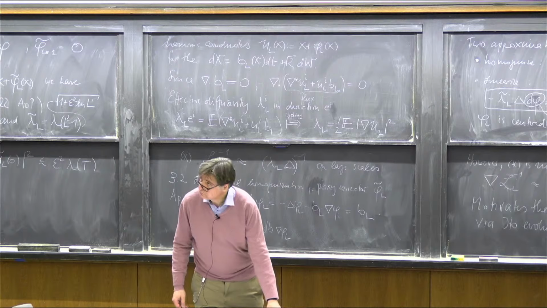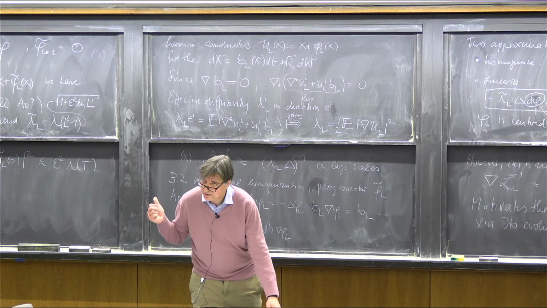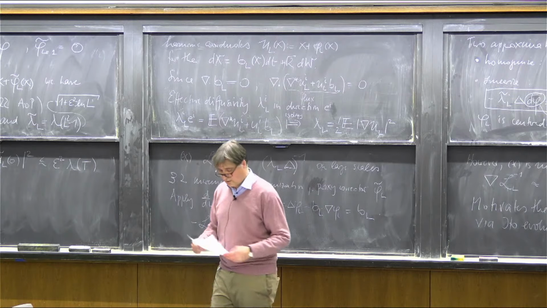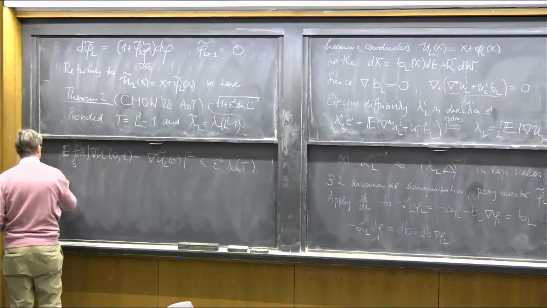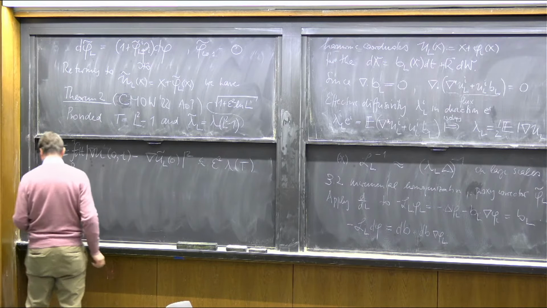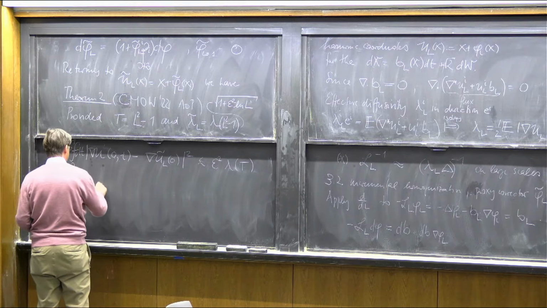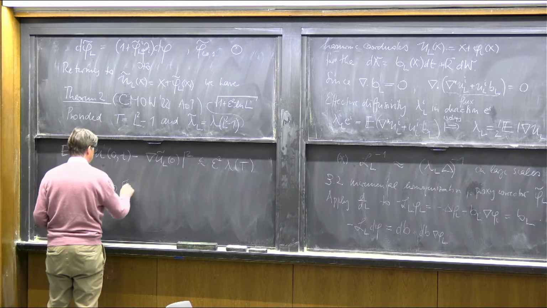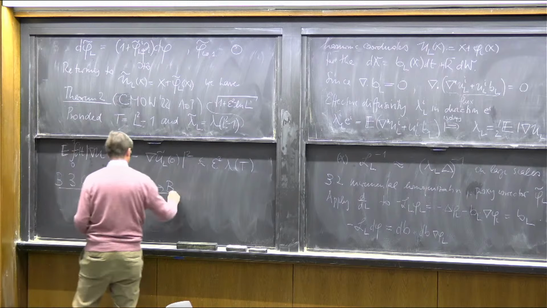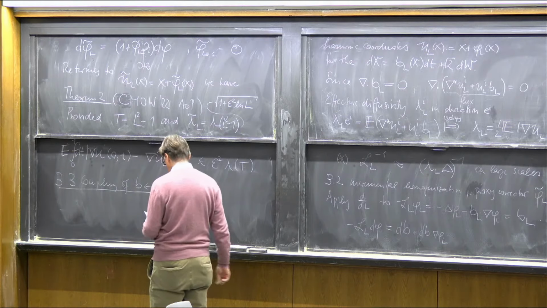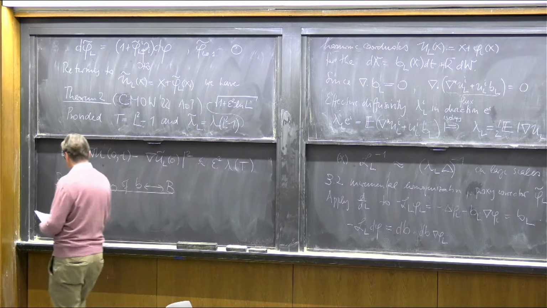And do I still have the time to explain one blackboard for the coupling? Okay, so now this in a certain sense tells us how we should couple. So let's recall what we have.